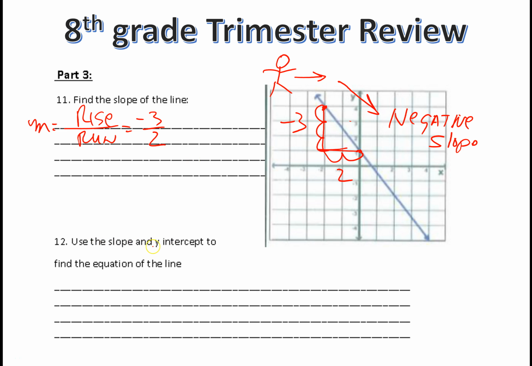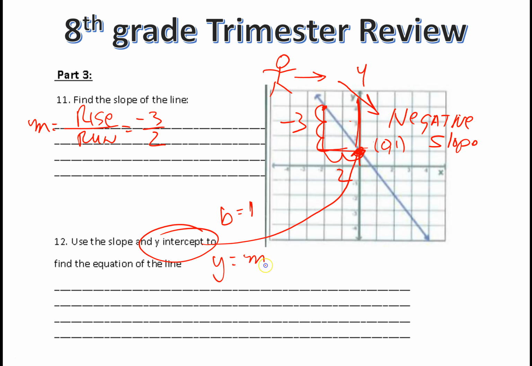Use slope and y-intercept to find the equation. So y-intercept is here, where it crosses the y-axis. So my y-intercept is x is 0, y is 1. And we call that b. So b is 1. My slope-intercept, you have to watch the video.